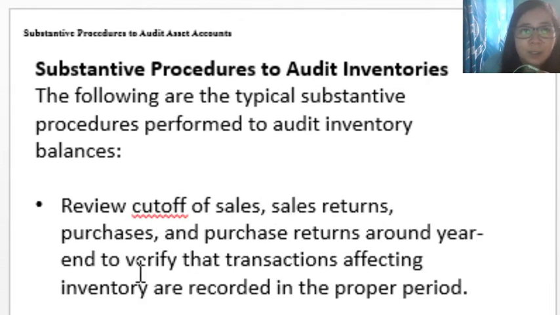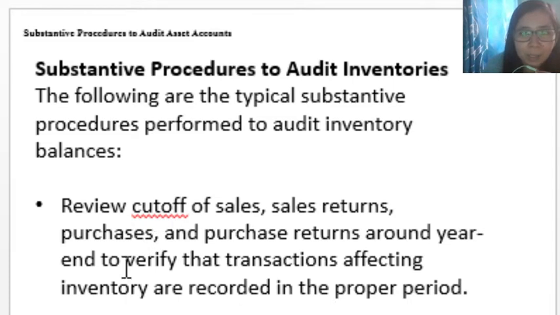Another procedure is the auditor can also review the cutoff of the sales, sales returns, purchases, and purchase returns around year end. He will make this procedure to verify if the transactions affecting the inventory are recorded in the proper period.